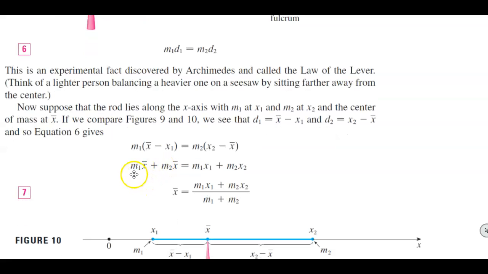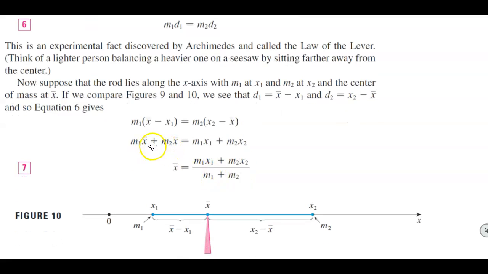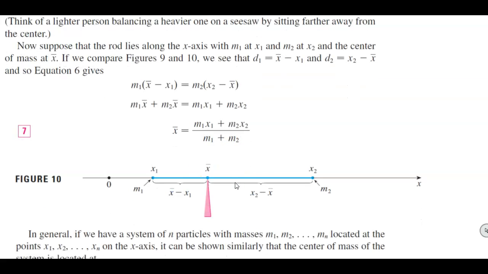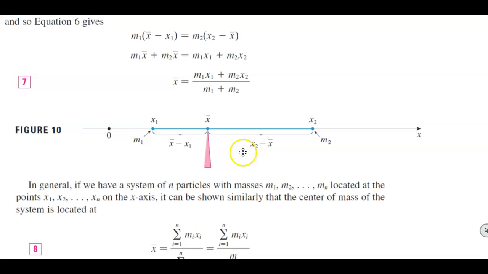Then if we distribute, isolate x bar on one side and everything else on the other side, and solve for x bar by factoring it out, we get x bar equal to mass 1 x1 plus mass 2 x2 over mass 1 plus mass 2. So here you can see figure 10, deriving the formula to get x bar.